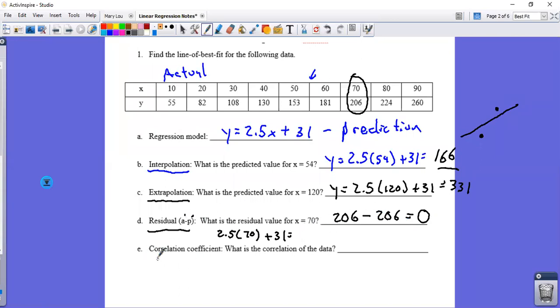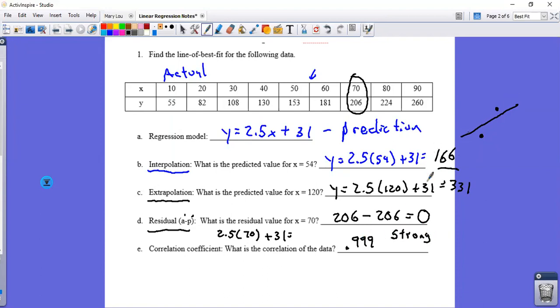And then the last one, correlation coefficient. What is the correlation of this data? Well, the coefficient was 0.999, which means that the closer this is to 1, and you can't get much closer to 1 than 0.99, the better the model is. So anything in the upper 90s is strong.